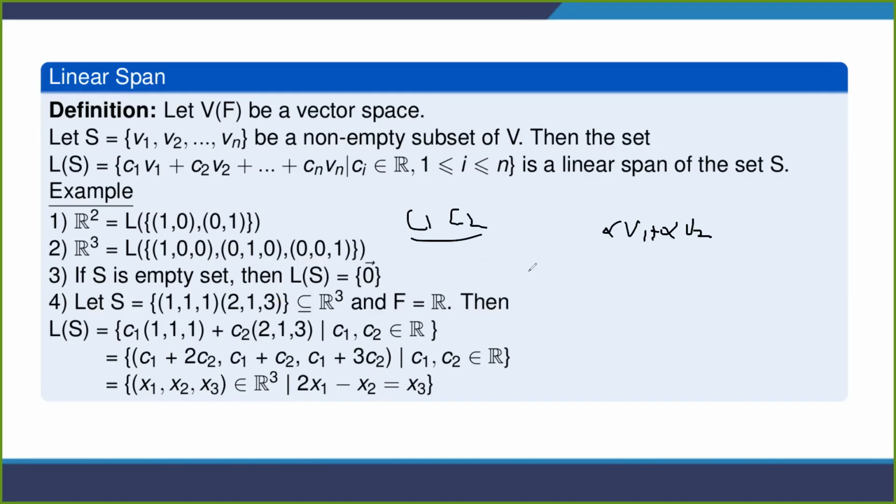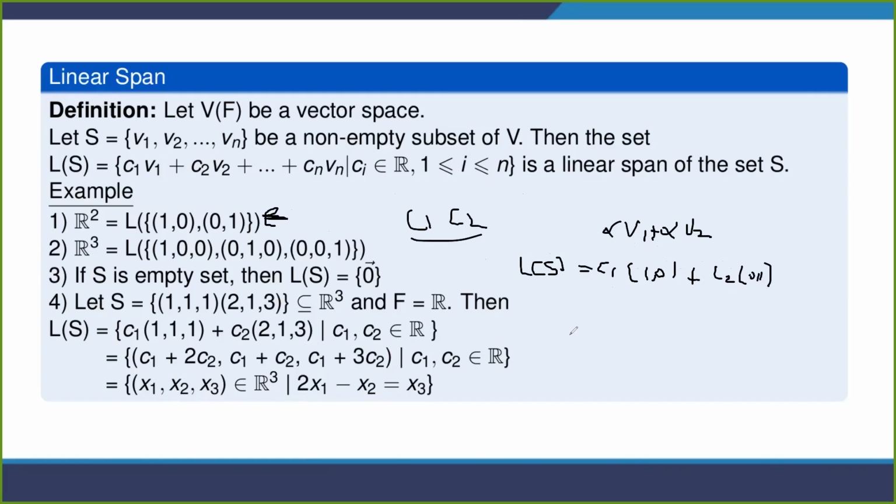If you take the linear span of this, what will it be? C1 times (1, 0) plus C2 times (0, 1).